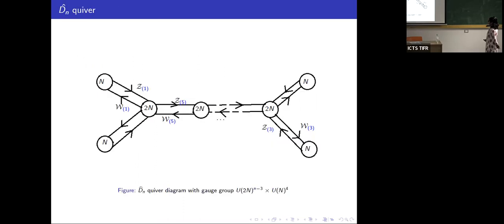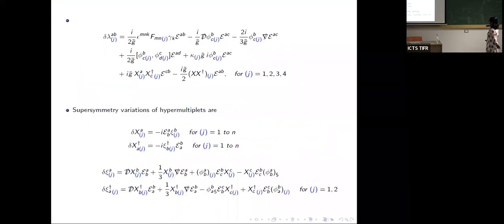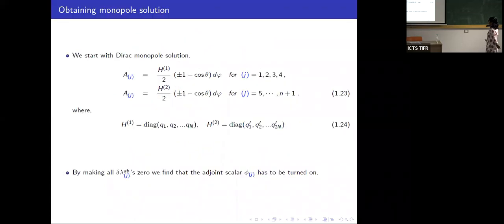So this is a D-type quiver diagram, and similarly we can redo the entire calculation for this quiver as well. That is finding the BPS monopole solution of the theory and finding its R charges. So it's again done by computing the component action and finding the BPS solution. Now here, because we have gauge groups of 2 different ranks, we need to start with 2 different Dirac monopole-like ansatz, which is given in equation 1.23.